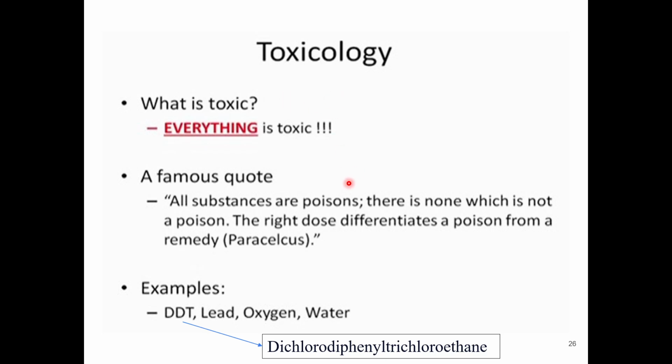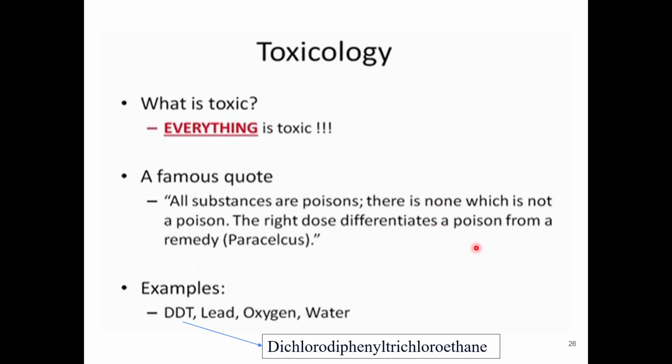As per famous philosophers such as Paracelsus, everything is toxic. There is no non-toxic substance. According to him, all substances are poisons, and there is none which is not a poison. The right dose differentiates a poison from a remedy. So everything present in the environment or on Mother Earth is a poison, but the right dose differentiates a poison from a remedy.